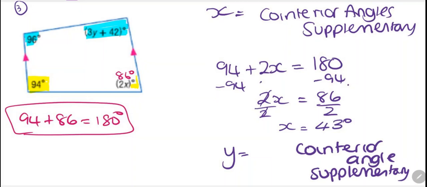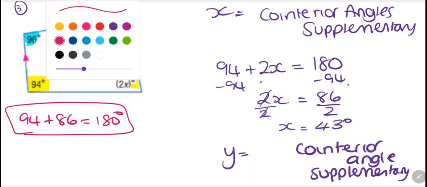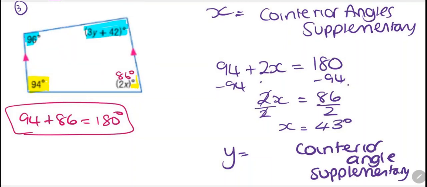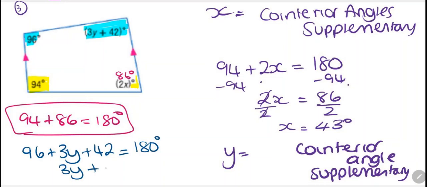And this time, we have 96 plus 3y plus 42 is 180 degrees. So 96 and 42 is 138. So we have 3y plus 138 is 180.